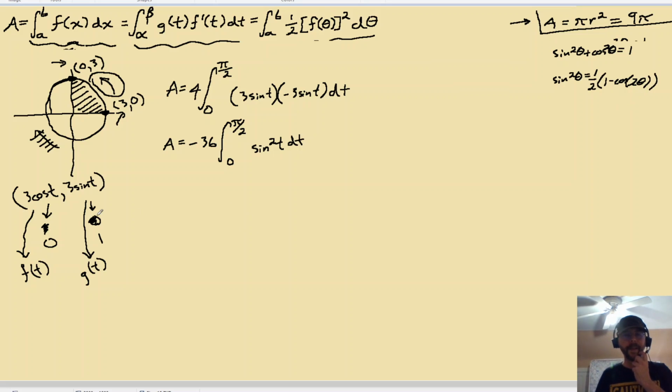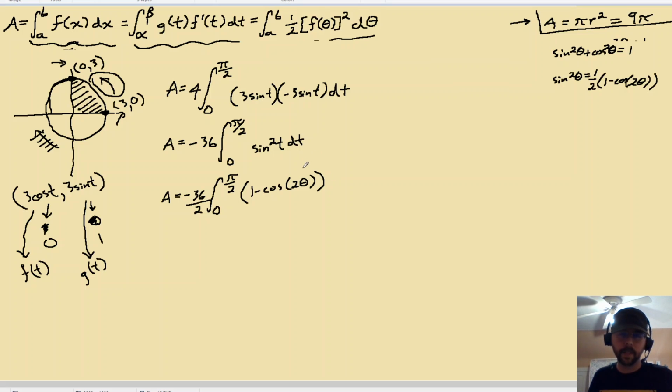Alright, now, so area equals negative 36 times the integral from 0 to pi over 2 of, and we have the 1/2, we can just bring that to the outside, so that'll be negative 36 divided by 2. 1 minus cosine 2 theta, and you can actually already see this basically looks like the last problem already, except I have the wrong sign because I think I went the wrong way around the circle.